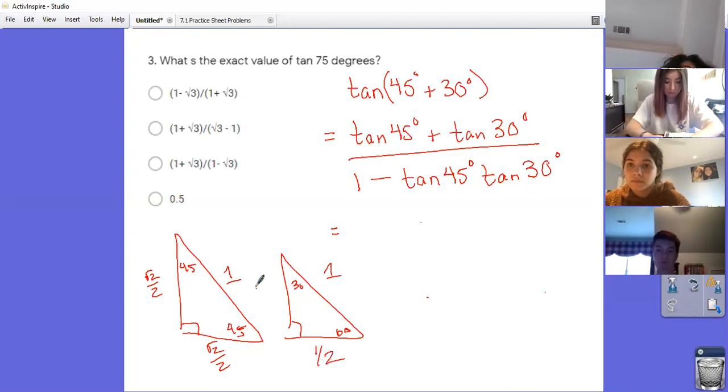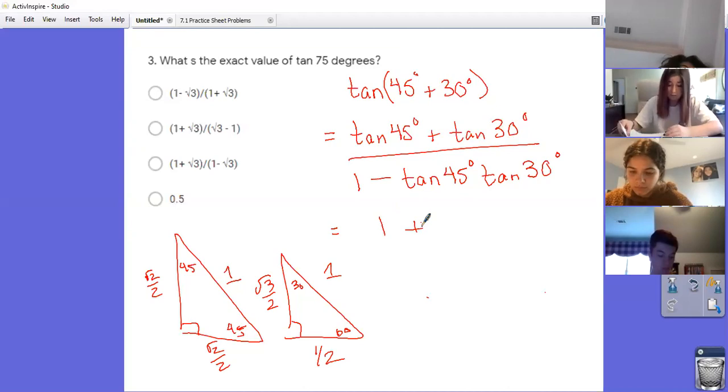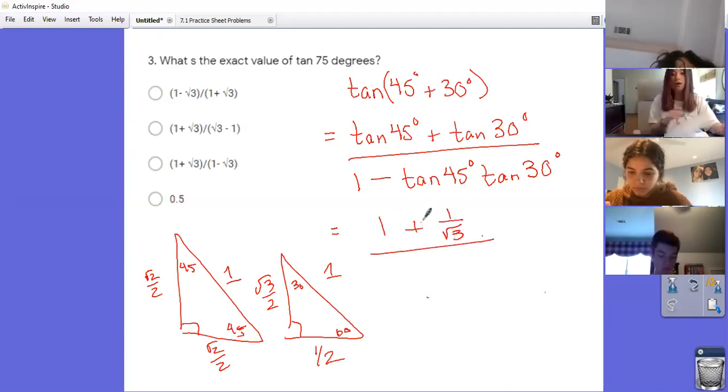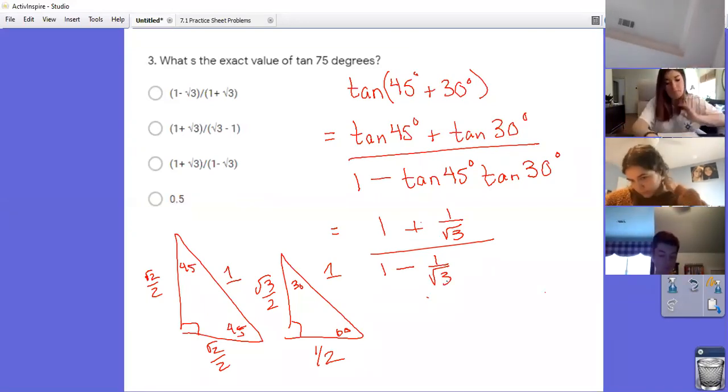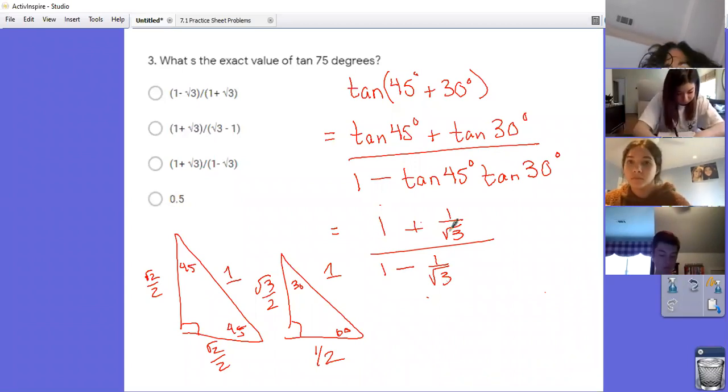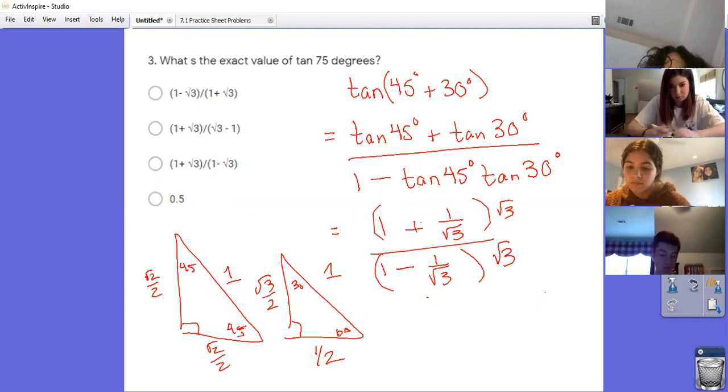So let me see. Okay. So this is 1 and tangent of 30. And I just left it as 1 over the square root of 3. Okay. So if you want to get rid of the fractions, you can just multiply the top and bottom by the square root of 3.